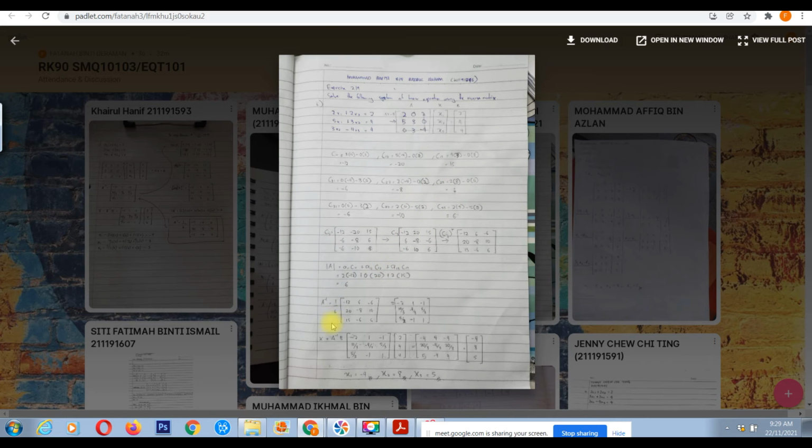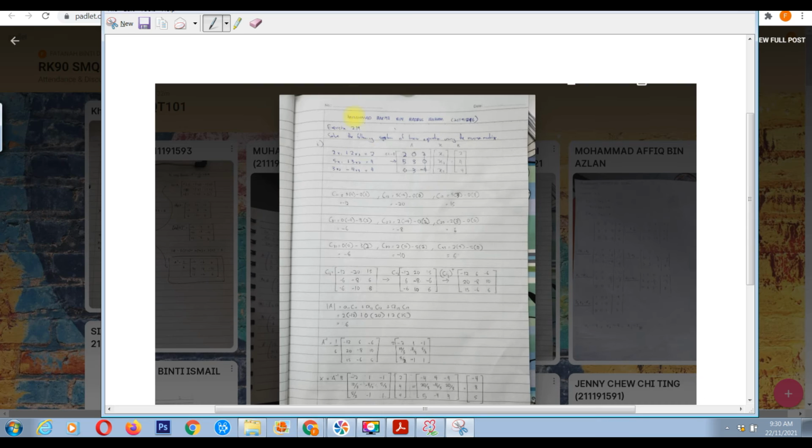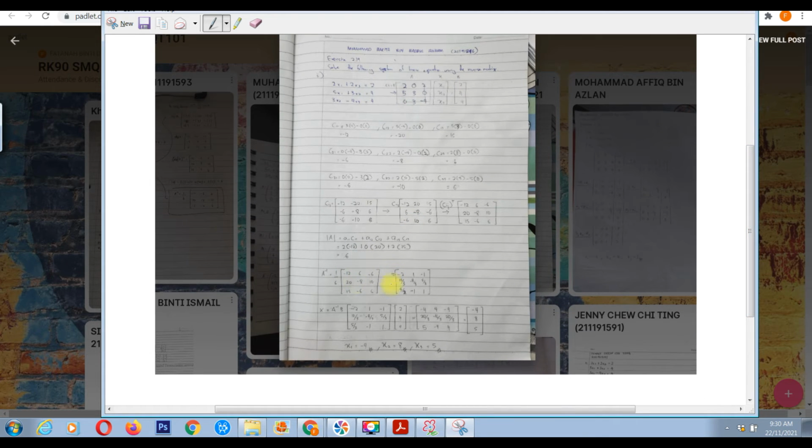So labeling for this case, this part no need to put.